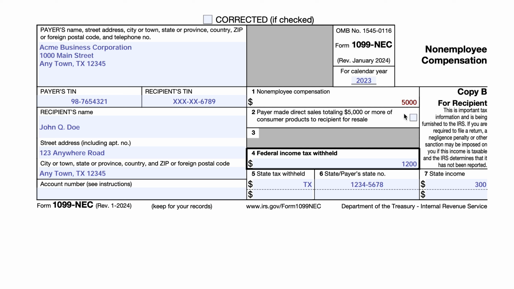So box 2 basically is a statement that they sold you at least $5,000 of consumer products for resale. I jokingly said vacuum cleaners and encyclopedias because that's what door-to-door salesmen used to do back in the 50s and 60s.